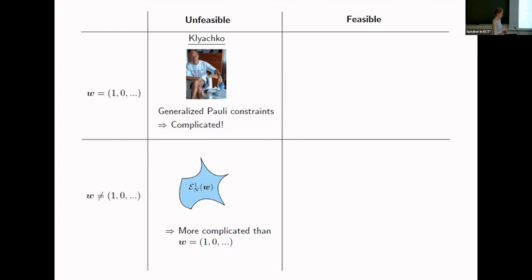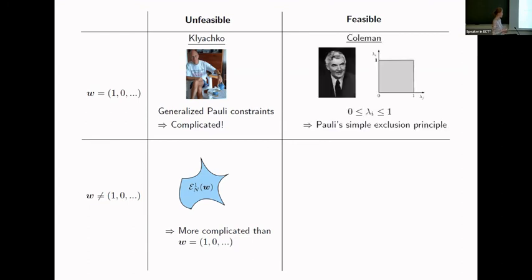Now, on the feasible side, what saved ground state 1RDMFT more or less is the result by Coleman, who proved that the ensemble N-representable one-RDMs are just restricted by the simple Pauli exclusion principle.